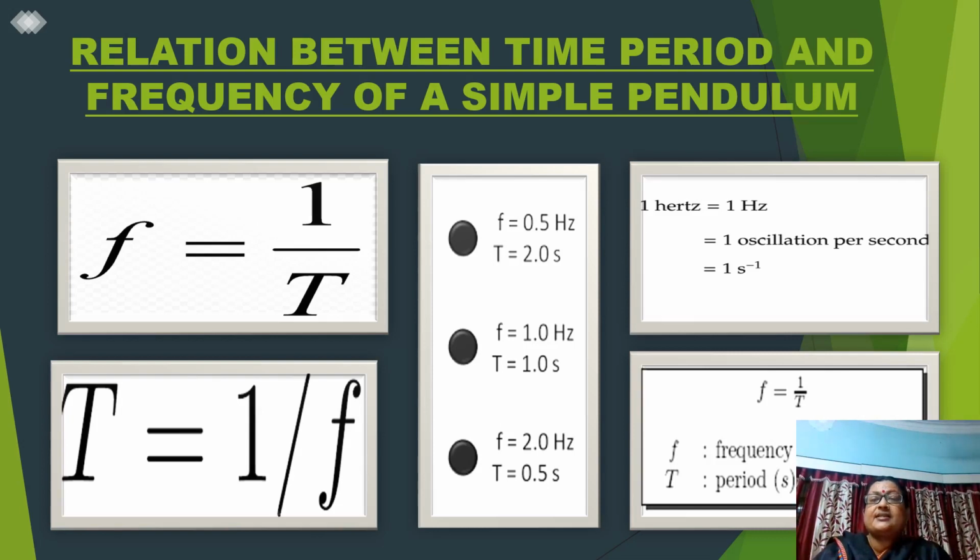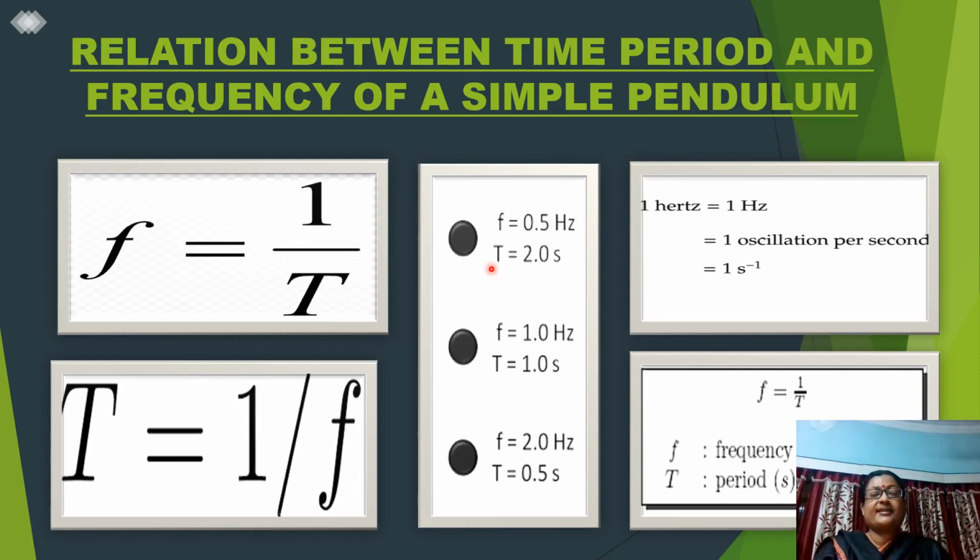Now this is quite an interesting slide that I have put together for you children. Okay. Now this is a very important thing that you need to be knowing about, and you should be aware of it as well. It is the relationship between the time period and frequency of a simple pendulum.